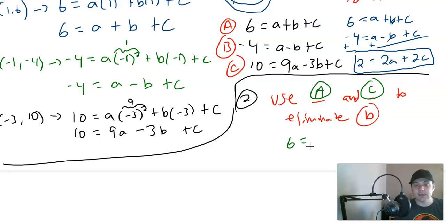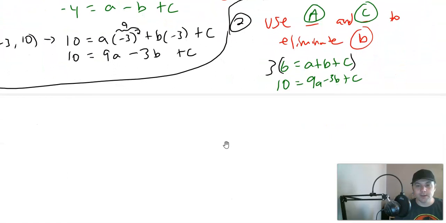So we have 6 equals A plus B plus C. That's my first equation, equation A. Equation C is 10 equals 9A minus 3B plus C. I have to eliminate B. And so in order to do that, I want a 3 to be here in front of this B. So I'm going to multiply the top equation by 3 to make that happen.